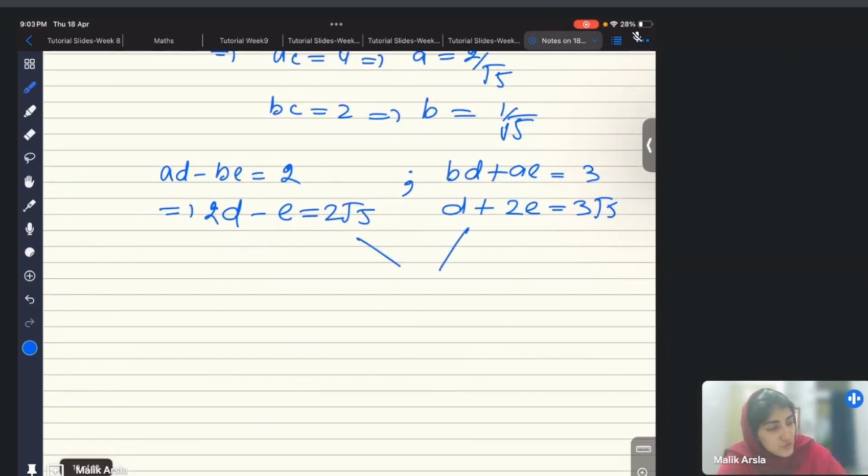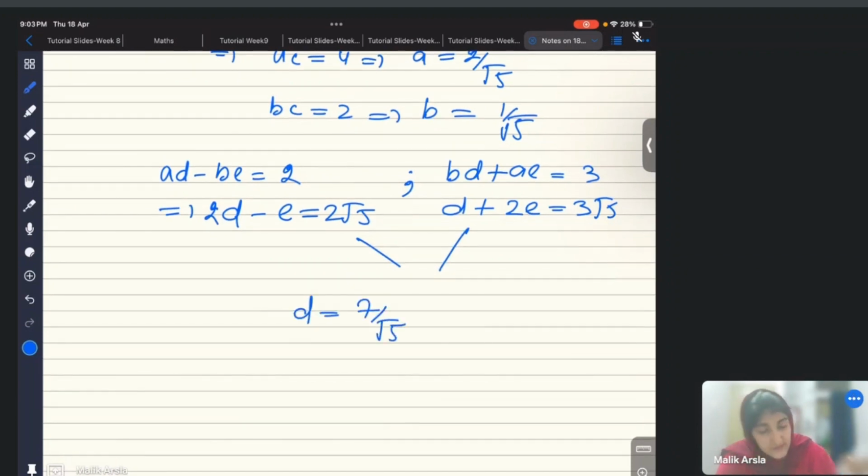Now using these two equations, we get D is equal to 7 by root 5 and E is equal to 4 by root 5.